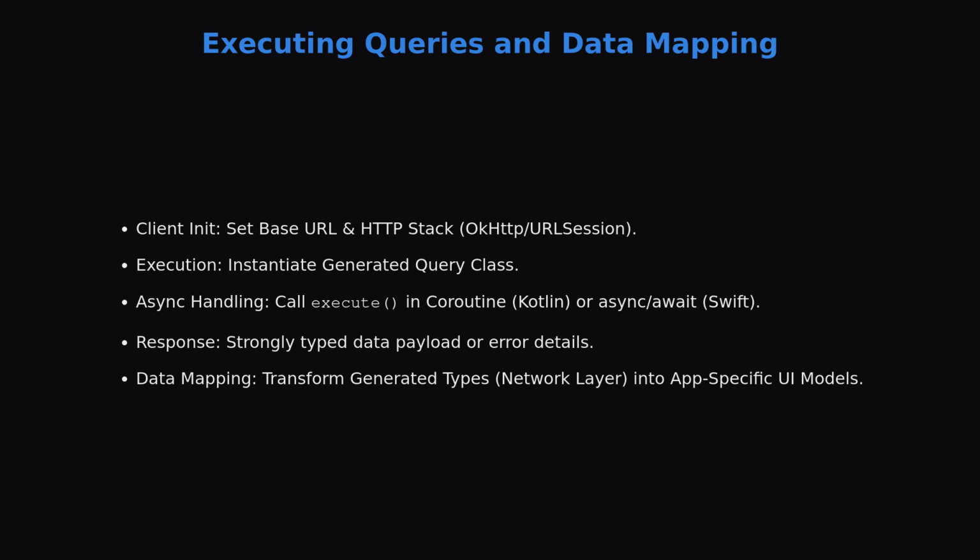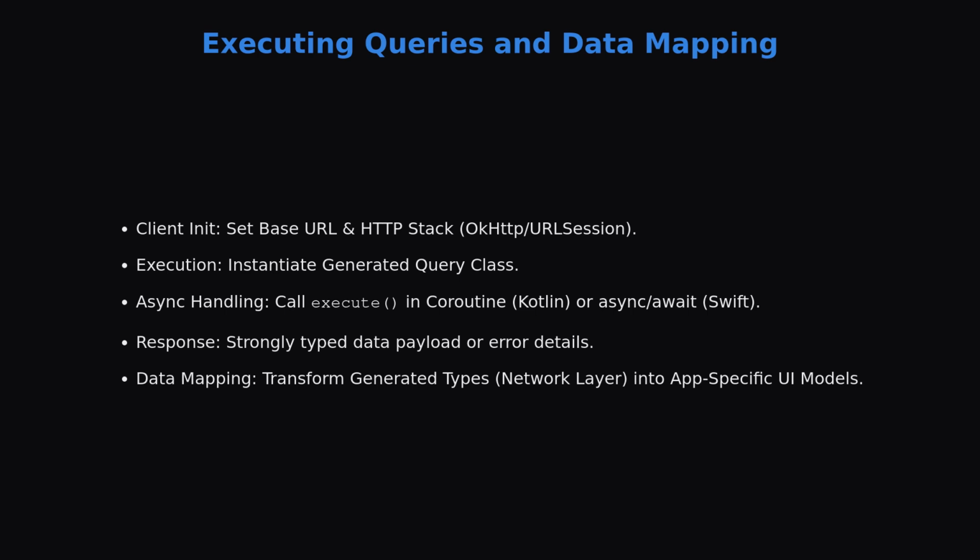Client initialization requires two specific parameters: setting the base uniform resource locator and configuring the underlying hypertext transfer protocol stack. On Android, this typically involves OkHttp. On iOS, URLSession is standard. Define your basic query, such as fetching a list of items, within a dedicated .graphql file.